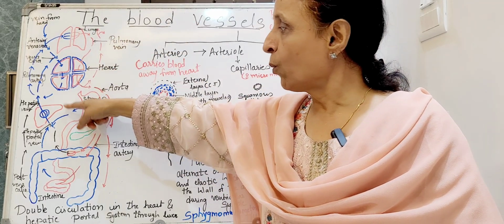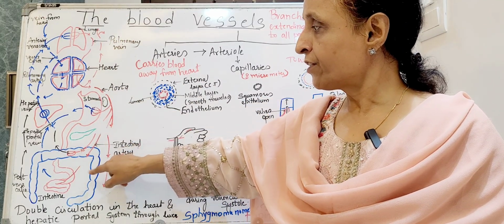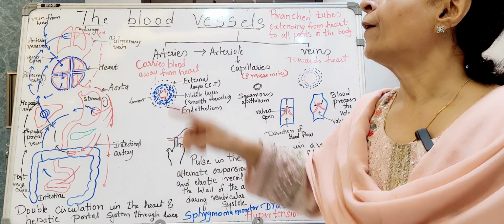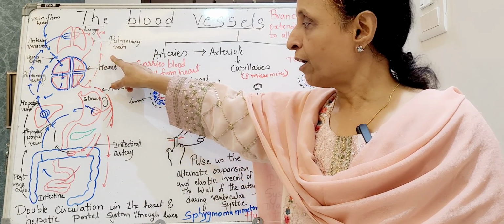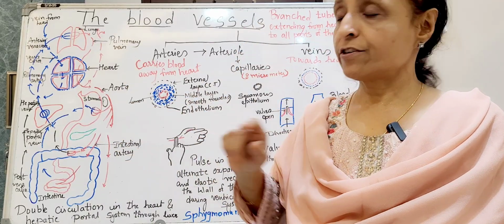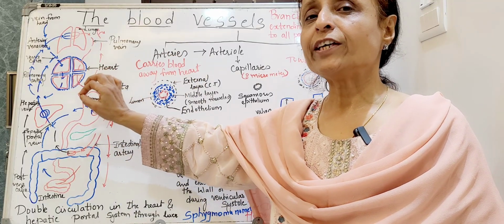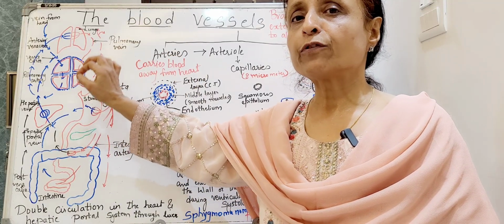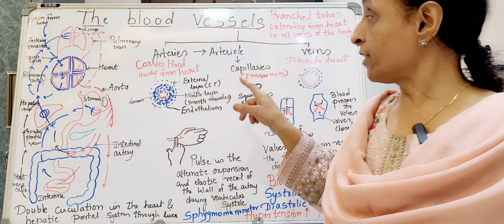This is liver, this is stomach, pancreas, large intestine, small intestine. Now here the blood flows from the heart to different parts of the body through the aorta. Aorta supplies arteries to each and every part of the body, which later break into capillaries.